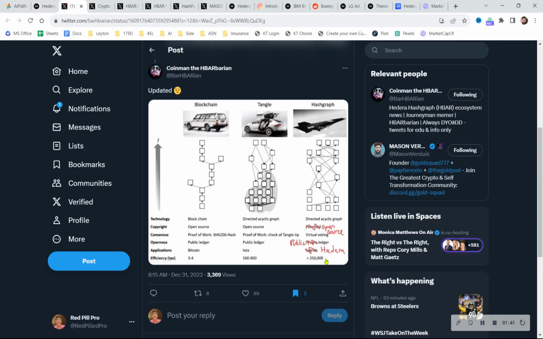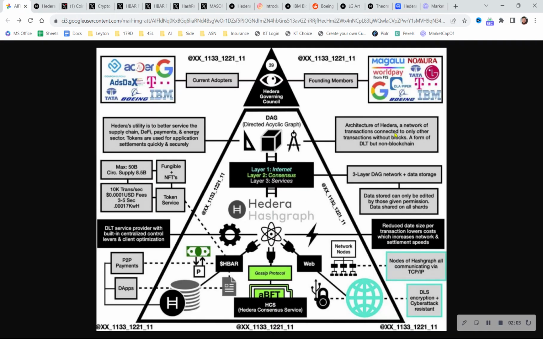I don't really know where that number itself comes from, but I think the important thing is just if you compare the 250K transactions per second against 3 to 4, that shows a magnitude of the speed and the efficiency of HBAR.